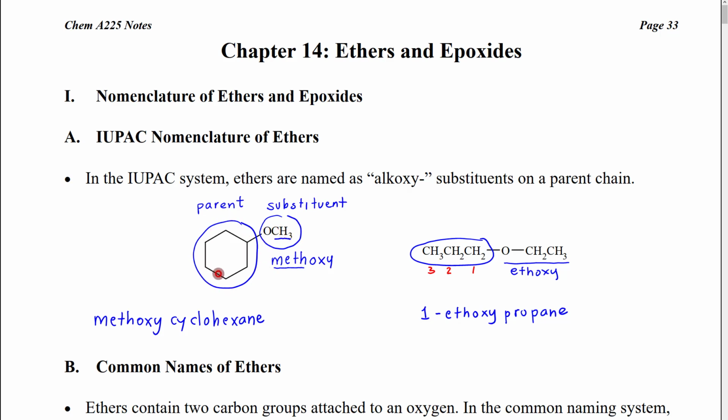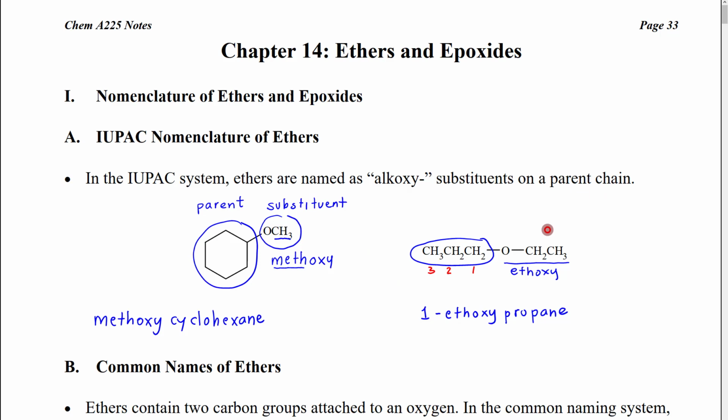We would select the 6-carbon cyclohexane ring as the parent because there is no special functional group and it's the longest carbon chain. So the parent becomes cyclohexane. The substituent then is a meth because it's a 1-carbon group with an oxygen, oxy. We call it methoxy. So the correct IUPAC name for this would be methoxycyclohexane.